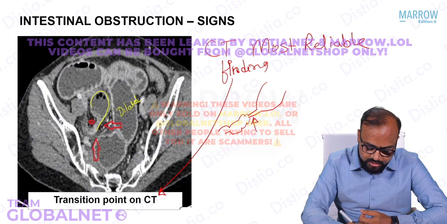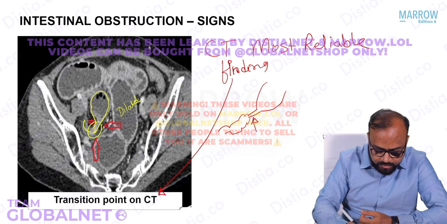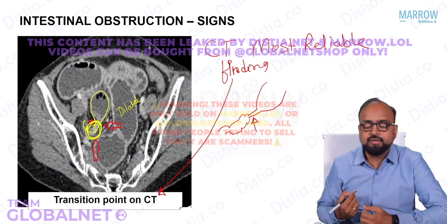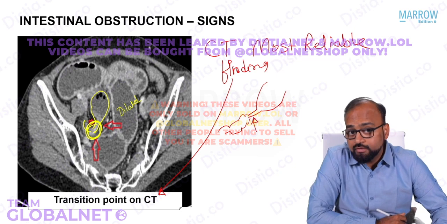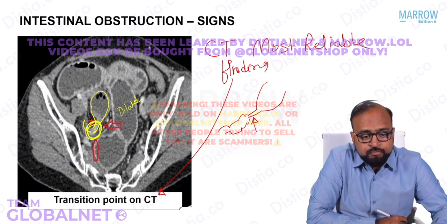See, there is a sudden narrowing of the bowel, and distal to it, this bowel loop is collapsed. So this is the transition point. Once you identify the transition point, it gives us a clue as to what could be the underlying cause of obstruction, and therefore this is considered to be the most reliable CT finding in intestinal obstruction.